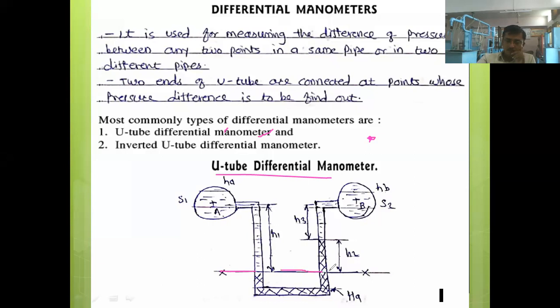Under equilibrium condition, the pressure intensity in the left limb above the datum must be equal to the pressure intensity above the datum in the right limb. So what are the pressure intensities in the left limb and in the right limb? In terms of pressure head, this equation can be written like this: HA plus H1 S1 equals HB plus H2 S2 plus H3 S3.